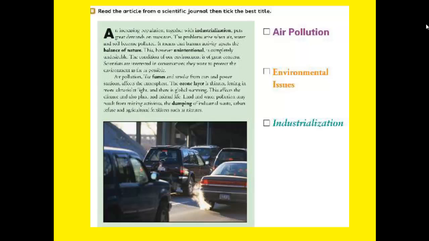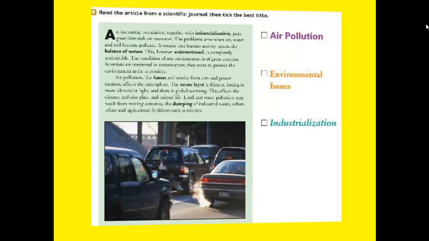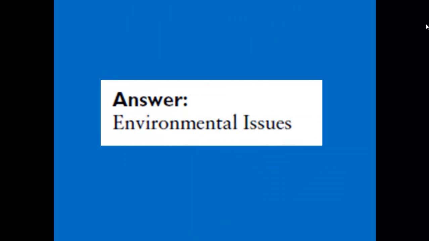We talked about air pollution, soil pollution, and water pollution, and we don't talk mainly about industrialization. So here we talked about environmental issues in general. So the best title is number B, environmental issues.